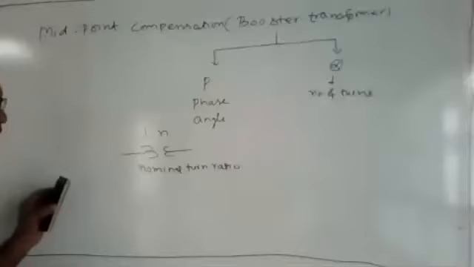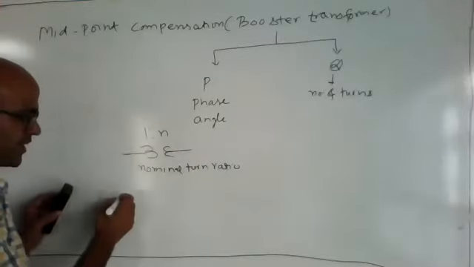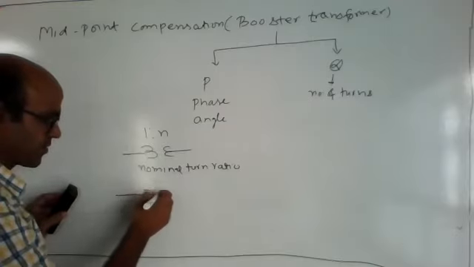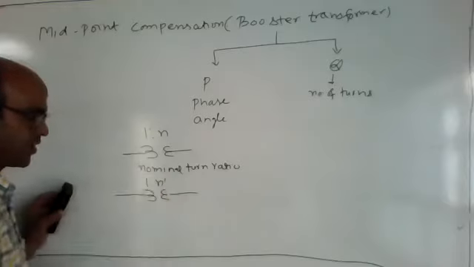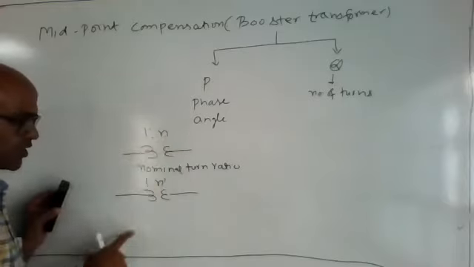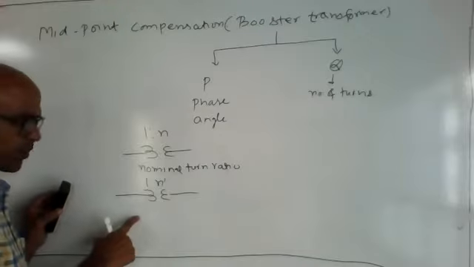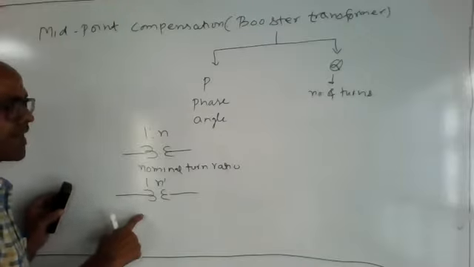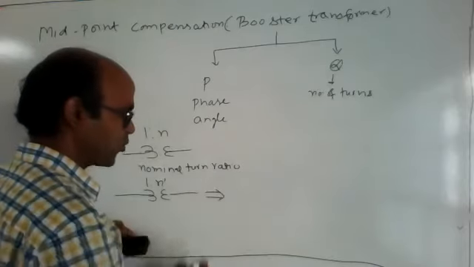Now, if I want to change the secondary number of turns, then this transformer can be represented by 1:n dash, where n dash is different from n. So this transformer can be analyzed by breaking it up into two parts.